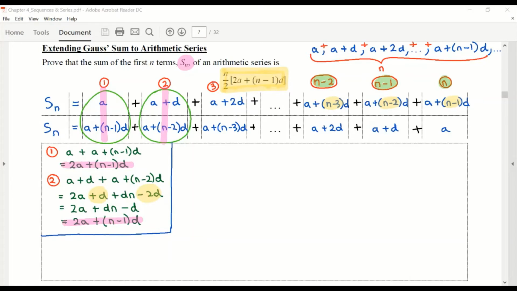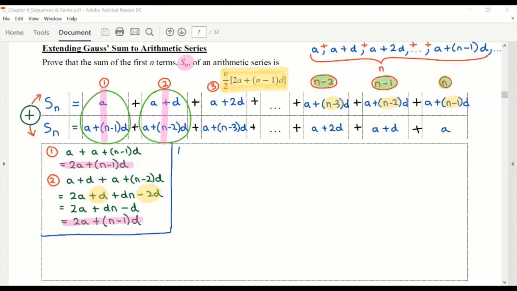We're going to add vertically. We're going to add the two sums together, and then we can see, we've already done it, that if we add these two together, we get 2a plus n minus 1d in every position. So let's just write that down officially.